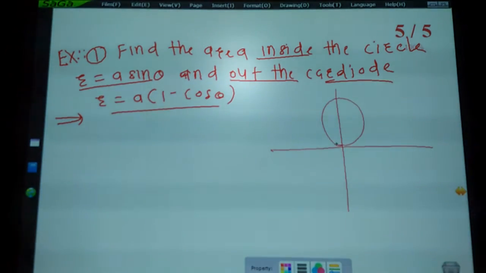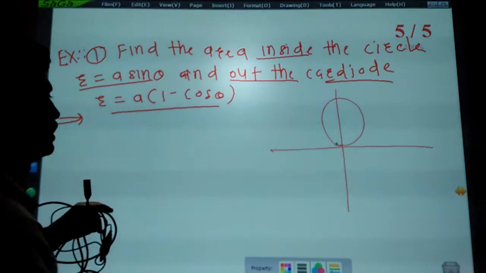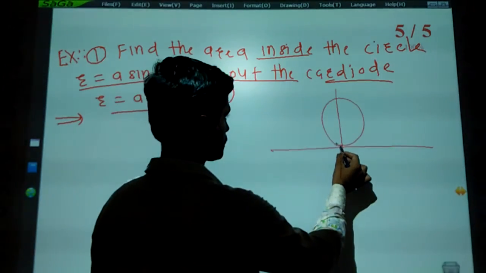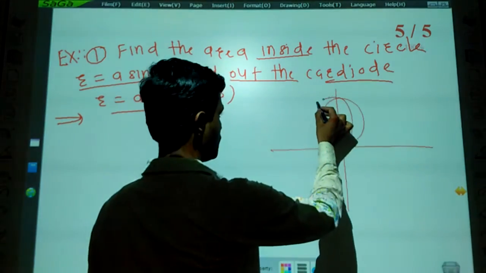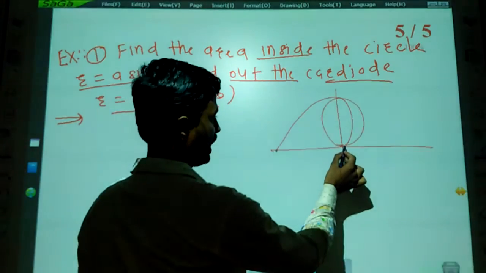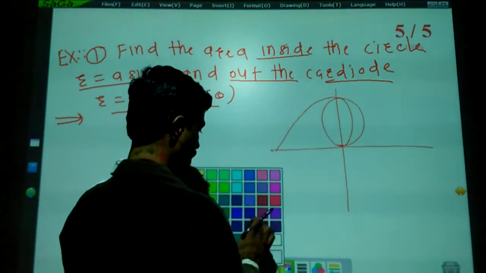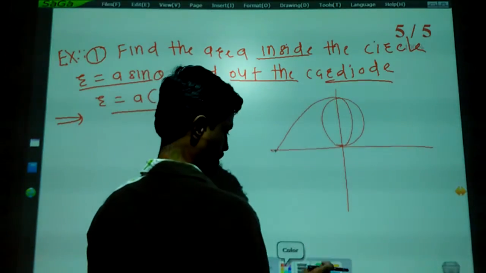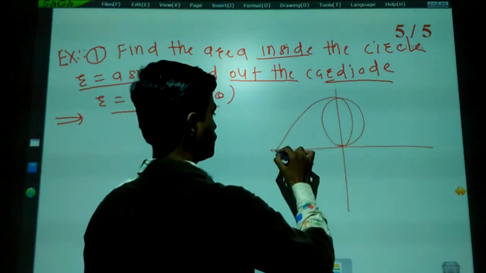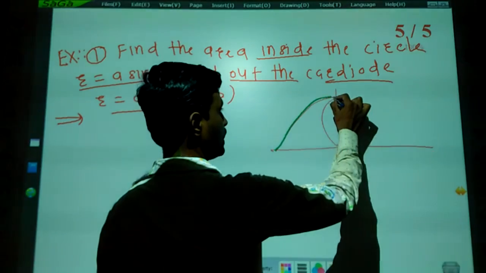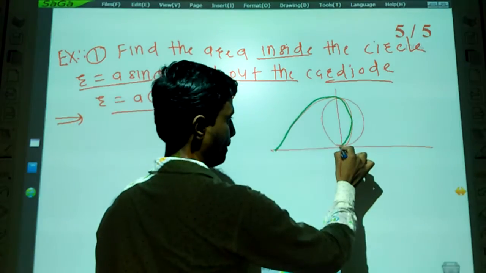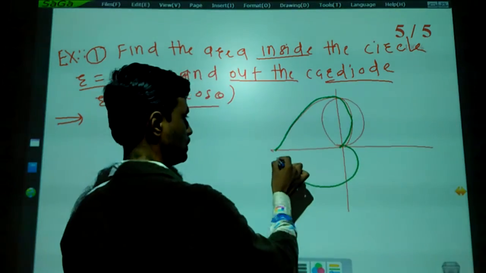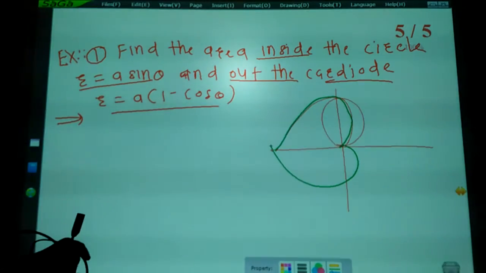This is the negative side curve. You have to draw this. This is the cardioid. I will draw it in a different color. So this is the cardioid.